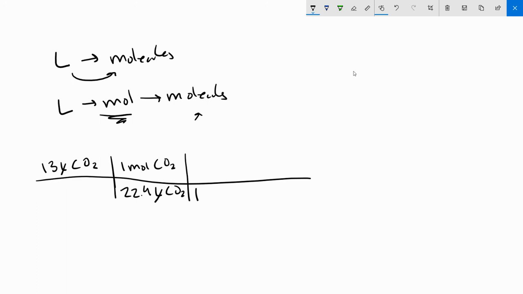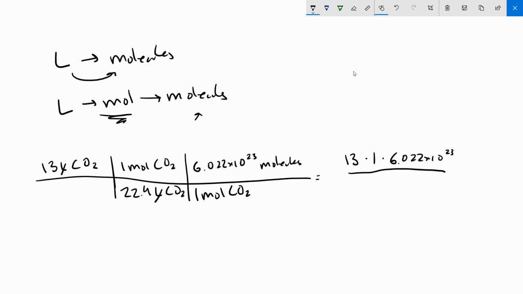So then I know that 1 mole of CO2 is the same thing as 6.022 times 10 to the 23rd molecules. And if I plug this into the calculator, I'm going to do 13 times 1 times 6.022 times 10 to the 23rd, and I'm going to divide it by 22.4 times 1.